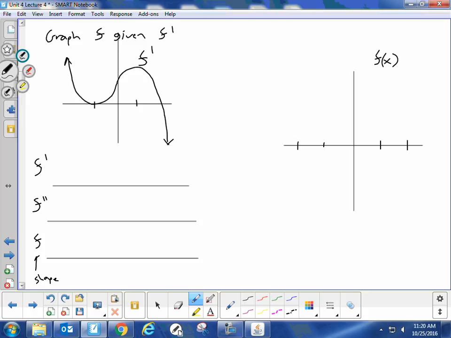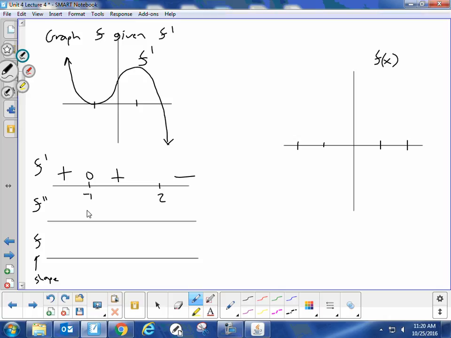All right, let's make sure our signs are correct. Some people are struggling. F prime values are positive until I get to -1 where we have a 0. But then after -1, they're positive all the way until 2, which is when they switch up to negatives. So I know I have a relative max at 2.